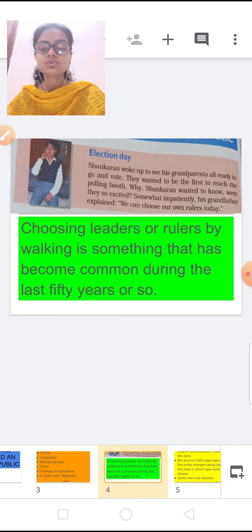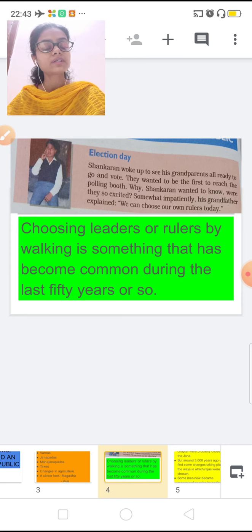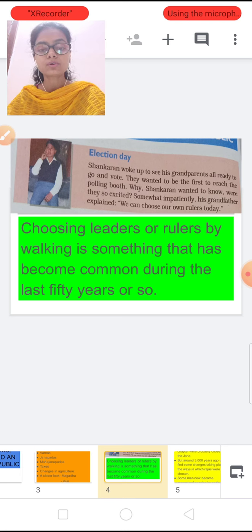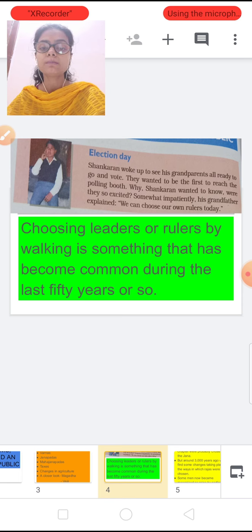Everybody knows about the voting rights of citizens, as we have already covered this in our political science chapter, the key elements of democratic government. So from this we can know that choosing leaders or rulers by voting has become common during the last 50 years.